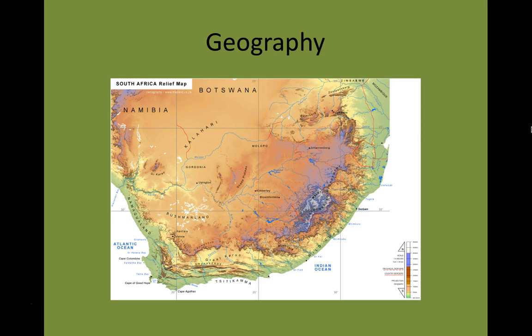If you look at the physical map of South Africa here, one of the things that you'll notice is how elevated most of the country is. In fact, if we were to pan out and see the whole of sub-Saharan Africa, we would see that Central and Southern Africa is mostly one big plateau, and that's obvious here.